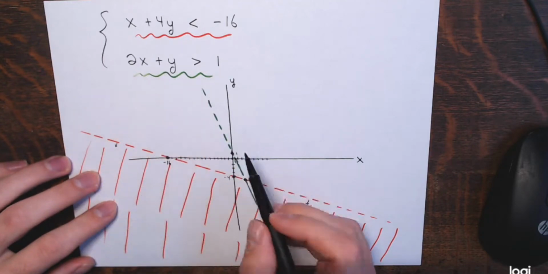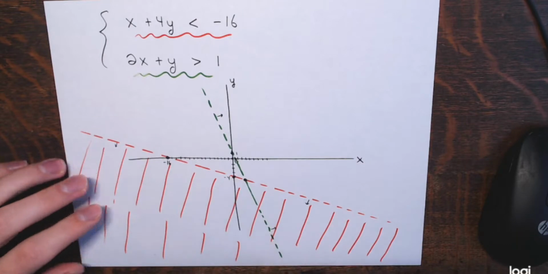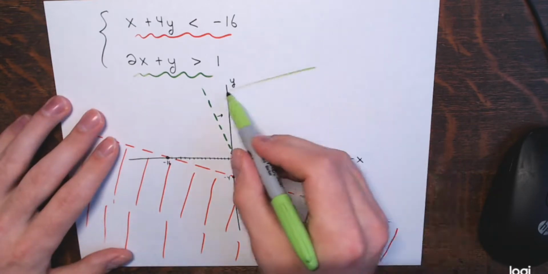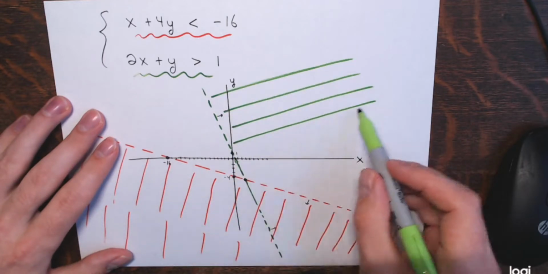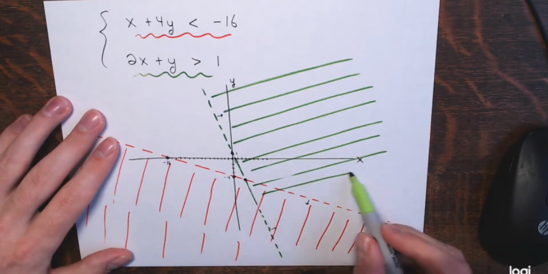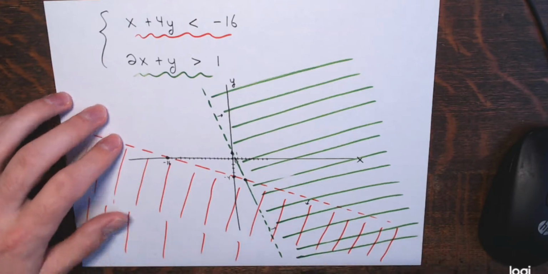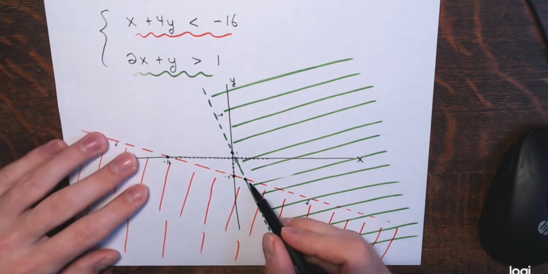No. So the right side of this line has the solutions of the second inequality. Again, some light shading, or just some lines here, indicating that this side has all the solutions of the second inequality. All right, so where are the solutions of the whole thing? It's where they're overlapping. So this region here that I'm shading in black.